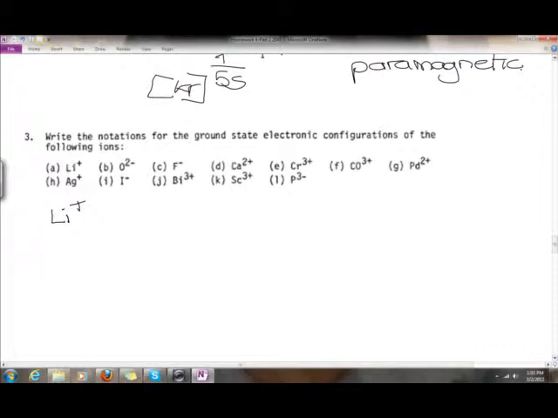The electron configuration of lithium is 1s2 2s1. You can also do it with the noble gas first, but lithium has only 3 electrons. So you will go to the 2s, and if you lose 1 electron, you will get the duet. It's the same as helium, and it is called isoelectronic with helium.